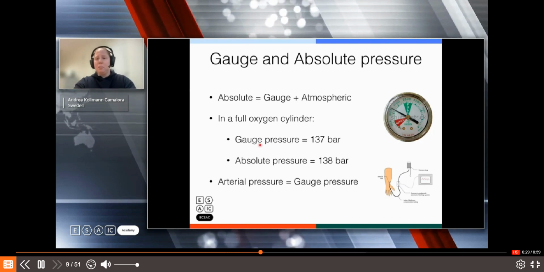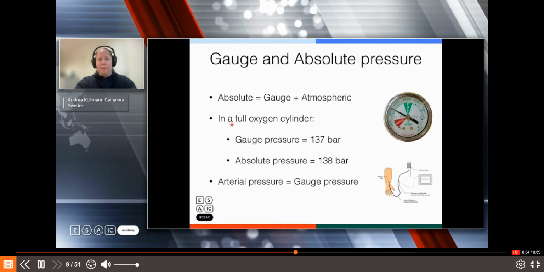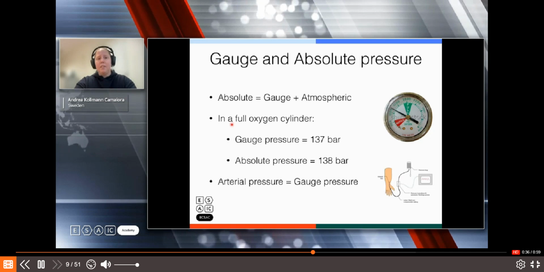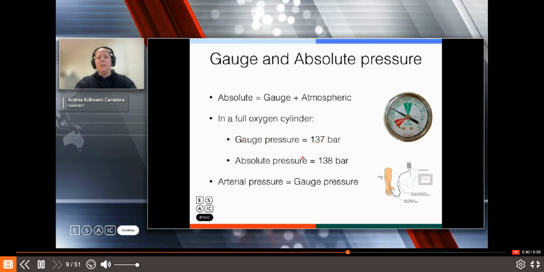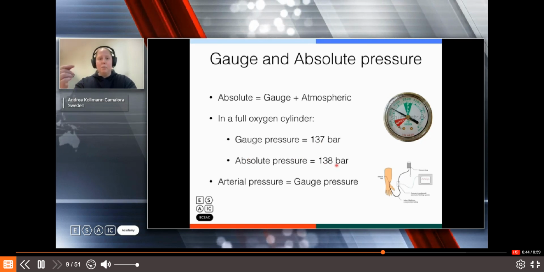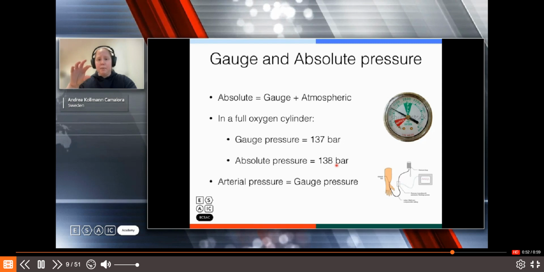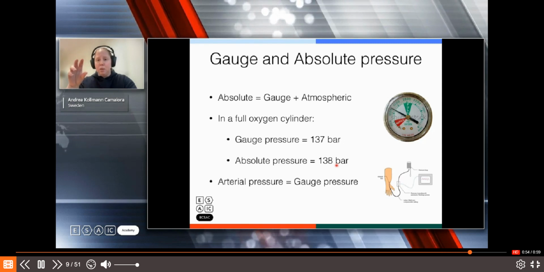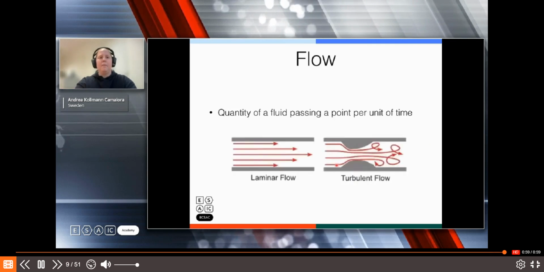And this is also important in cylinders, because in a full oxygen cylinder filled to the max, the gauge pressure, for example, can be 137, but the absolute pressure is 1 atmosphere more, and 1 atmosphere equals 1 bar. So it is important to know that the cylinder has everything that is shown in the gauge meter plus the atmospheric pressure.